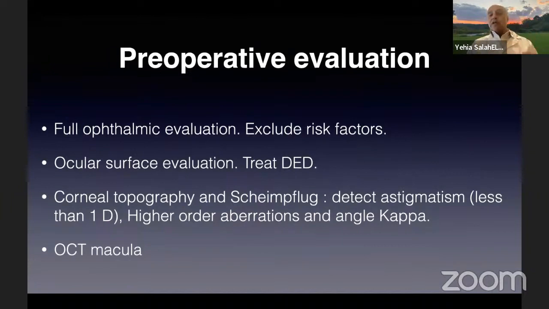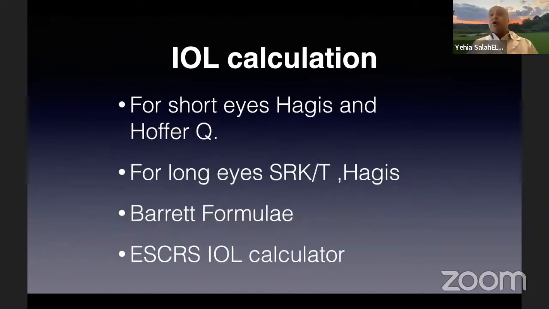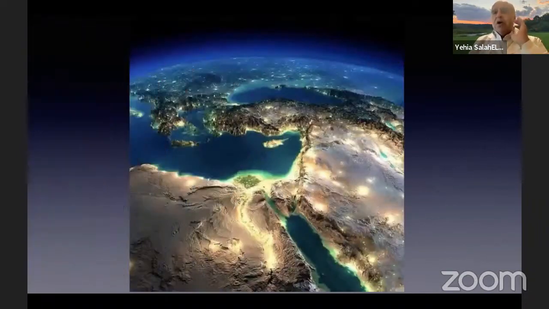We should do corneal topography to detect astigmatism, and this will affect our choice of intraocular lens, as well as higher order aberrations, angle kappa, and OCT macula to exclude anything that can decrease the vision and again affect our choice of intraocular lens. Calculations have been talked about earlier, but this is a short list of what we can do, and we have so many options that we can use, and the aim is to be as much as possible on target.